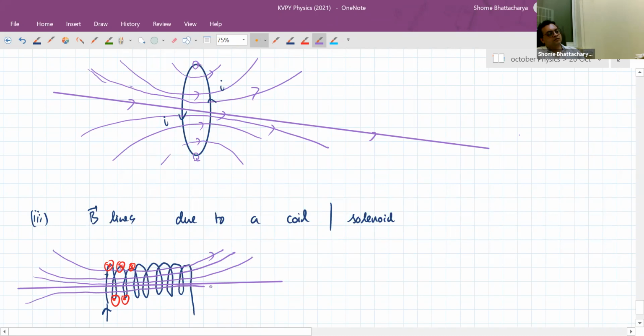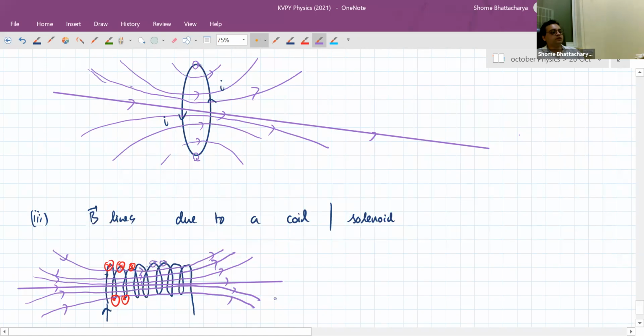So you can immediately see that in the region outside of this, it just looks like a naturally occurring bar magnet. It has the same shape of magnetic field lines. But of course, if you go very close to these wires, then they form individual closed loops around them.